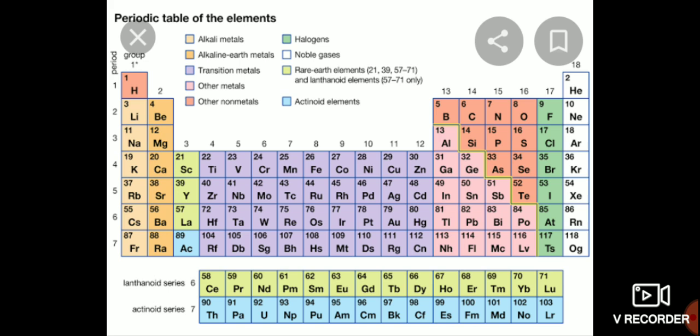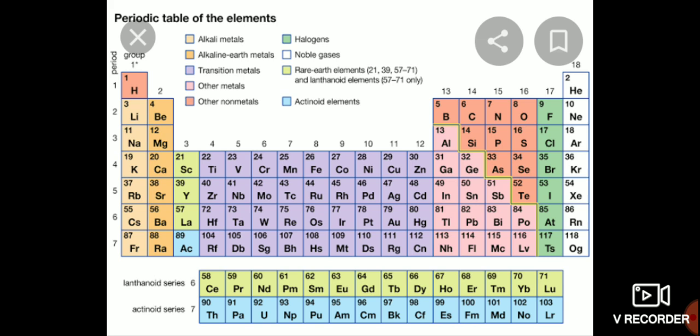Then 19th to 30th: potassium K, calcium Ca, scandium Sc, titanium Ti, vanadium V, chromium Cr, manganese Mn, iron Fe, cobalt Co, nickel Ni, copper Cu, zinc Zn. So all of you memorize the first 30 elements.